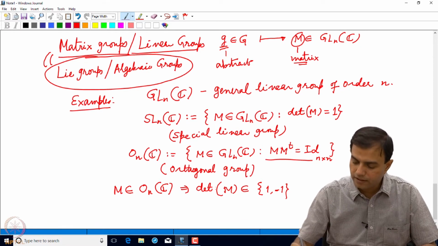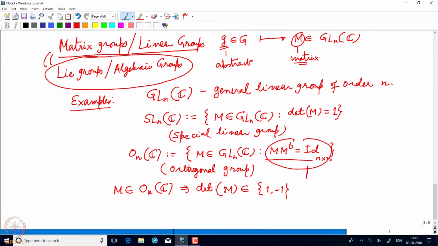and in fact there is a geometric interpretation of this in terms of isometries.